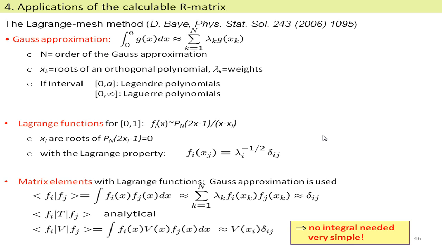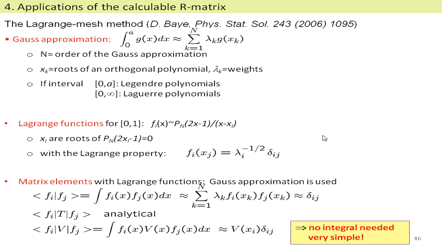And again, if you use the Gauss approximation, then you end up with this very simple result. So there is no integral. You simply evaluate the potential at the root of the Lagrange function. So there is no integral which is needed.